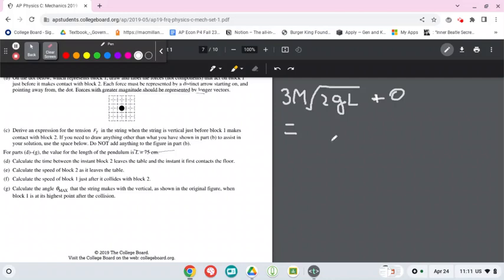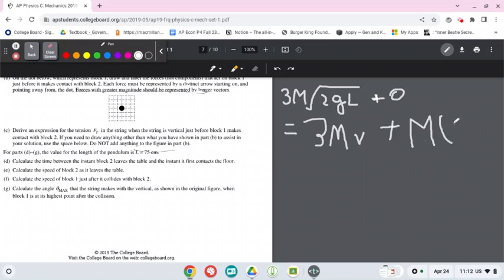After it hits, it's going to be 3mv, and we're going to try to figure out what v is, plus m for block 2 now. We just figured out that the velocity of block 2 as it leaves the table is 5.45 meters per second.